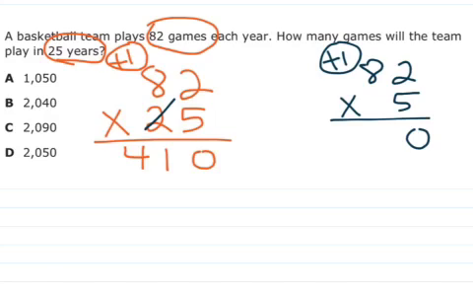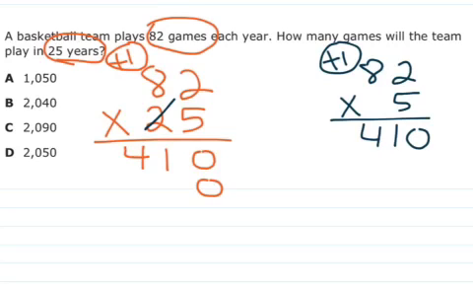So the 410 is the first row. On the second row, don't forget the 0, because that's the placeholder. We already multiplied the ones place times the ones place and the tens place, so we put the placeholder right underneath this section.